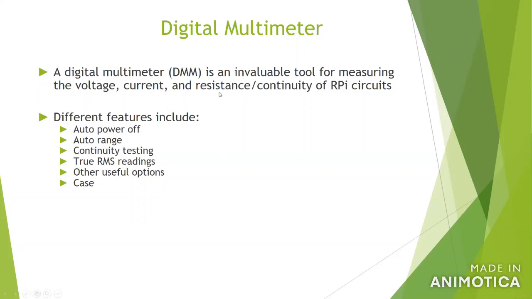For analog, you have to specifically tell the multimeter your measuring range, but for digital, the multimeter automatically selects the range. There are some other useful options.